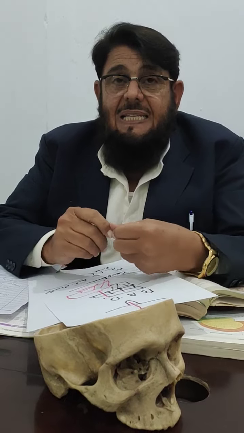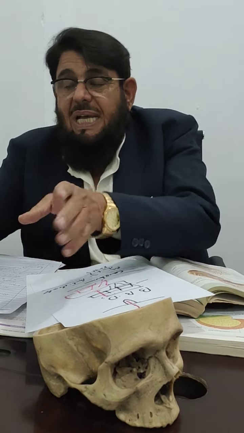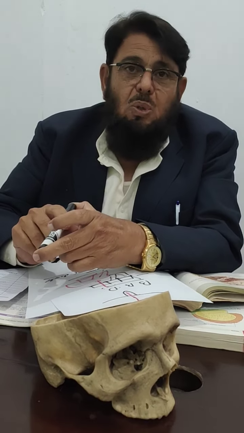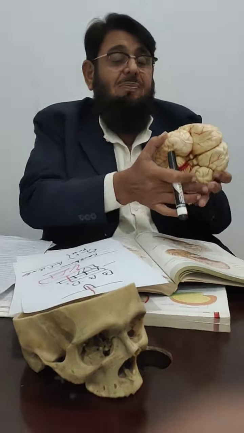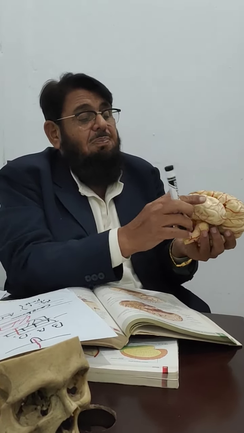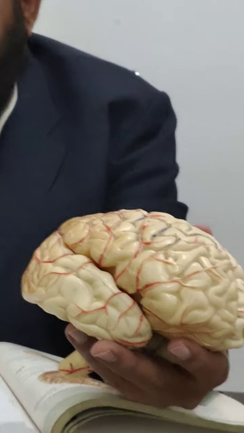The middle and anterior cerebral arteries, which I told you make the anterior circulation, are branches of the internal carotid, while the posterior cerebral artery makes the posterior circulation, being a branch of the basilar artery.